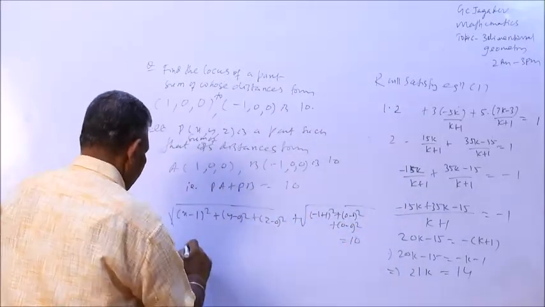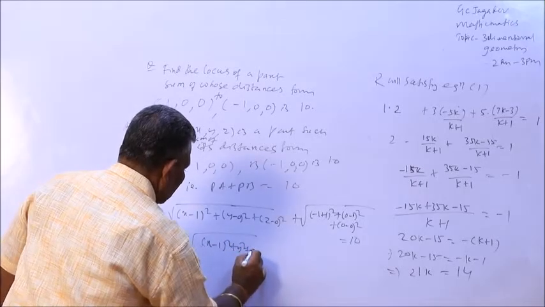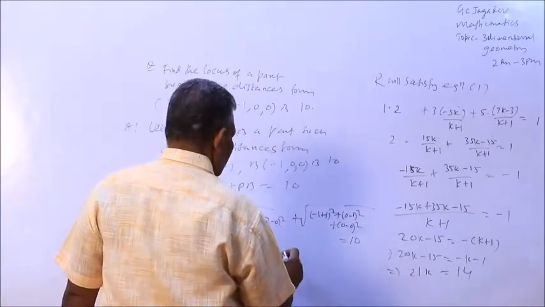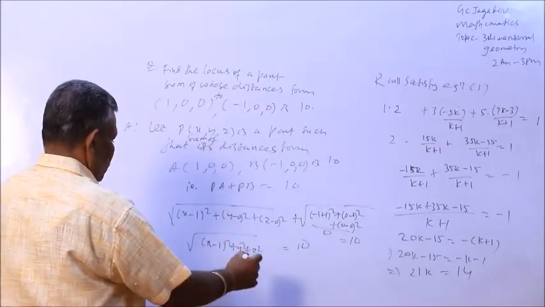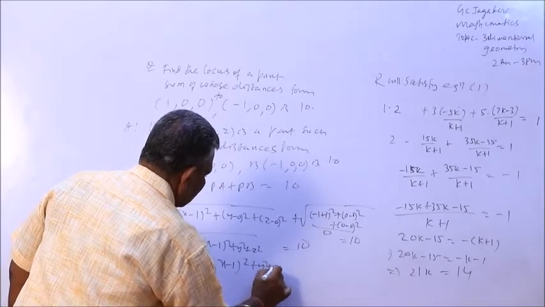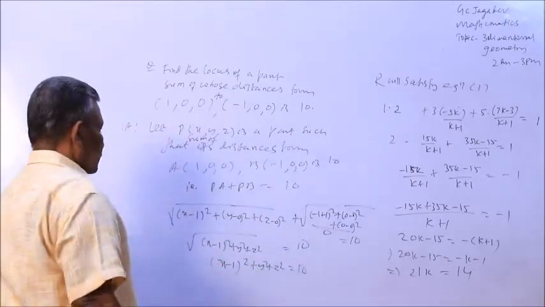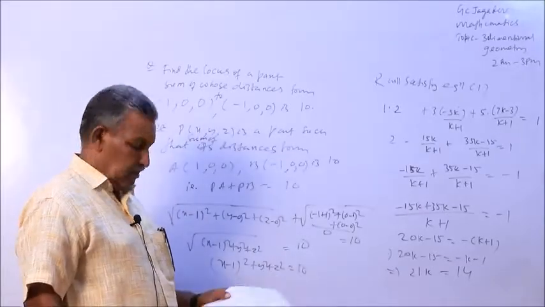That implies root over x minus 1 whole square plus y square plus z square equals 10, because this term will be 0. So on squaring both sides, x minus 1 whole square plus y square plus z square equal to 10. So this is the geometrical condition or locus of the point which satisfies this condition.